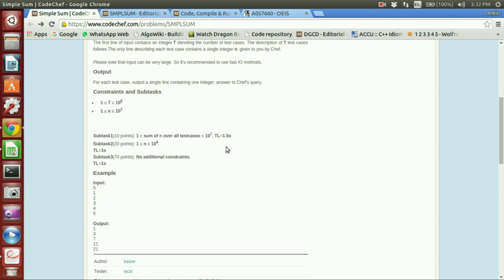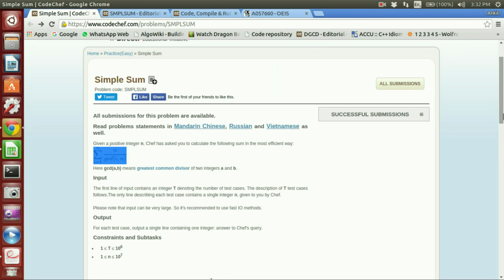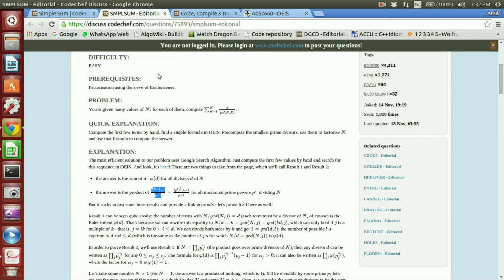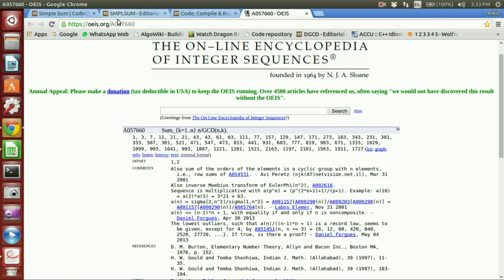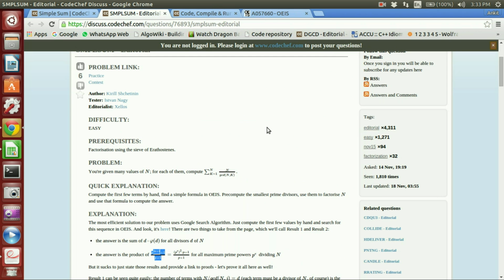So we are supposed to calculate the value with some other logic, and if you have read the editorial, then you will notice that they were not expecting us to know the formula, and they were expecting us to use the Google search engine to search for this formula, and it was very easy to find the link.